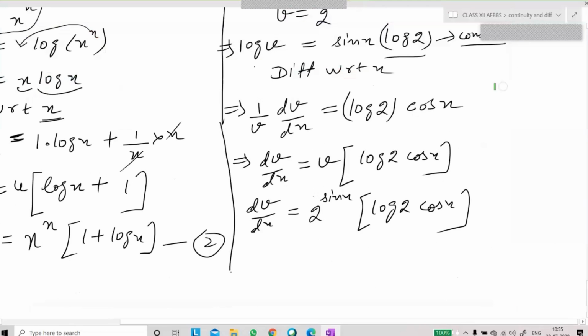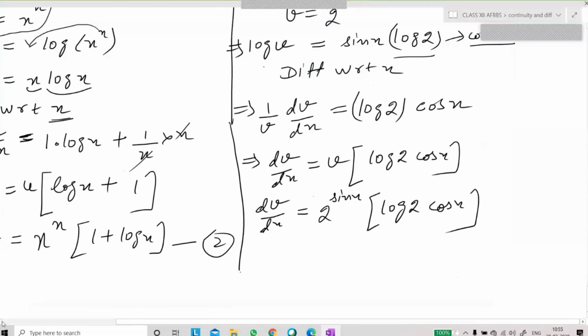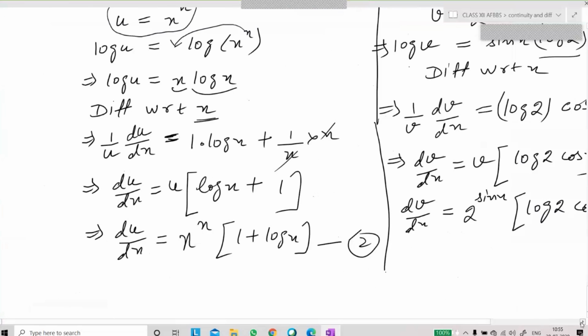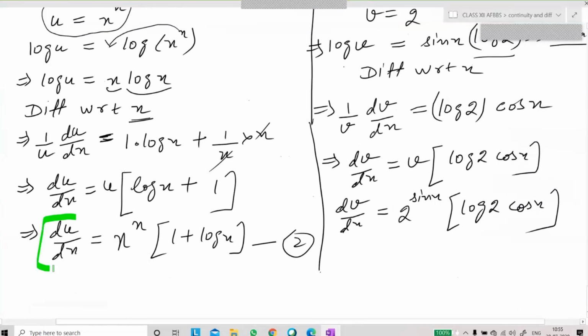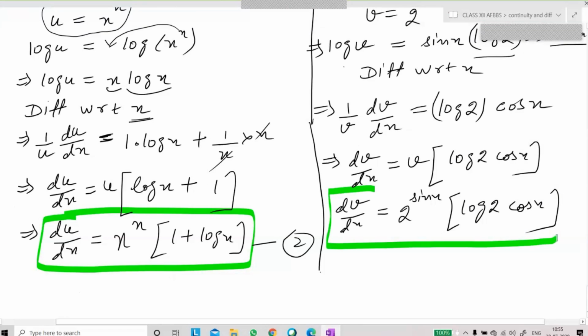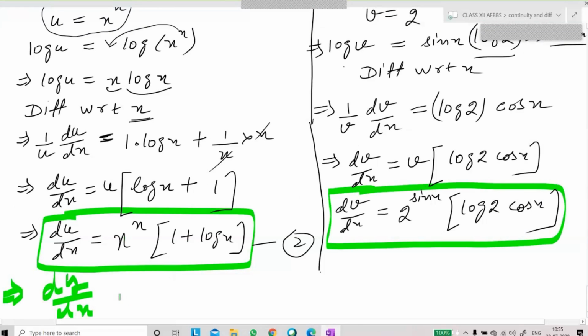Now you can see that this expression is giving you the value of du by dx. This expression is giving you the value of dv by dx. और आपको क्या निकालना है? आपको निकालना है dy by dx. और आपने अभी ऊपर लिखा था कि dy by dx is equal to du by dx minus dv by dx.